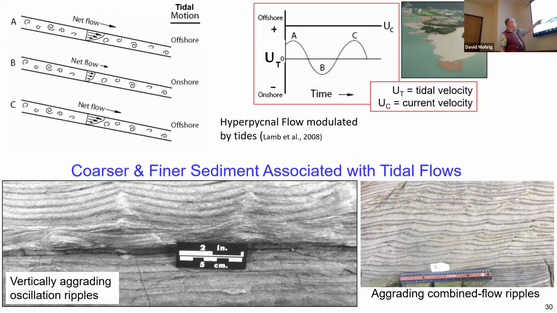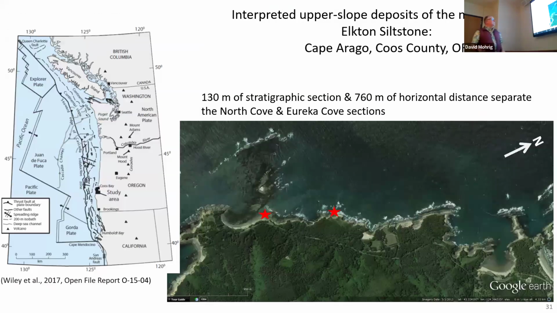But hopefully you can see this whitening and darkening that's associated with coarsening and fining of the deposits. And in both of these cases, here we have wave ripple-like deposits that are actually just vertically aggrading. And here we have more combined flow ripples that are migrating, as the bed aggrades in this area here.